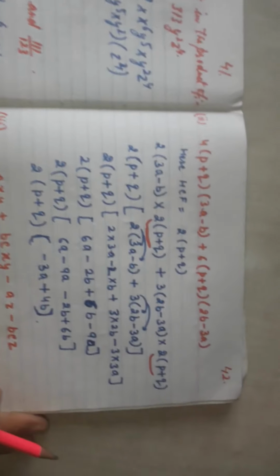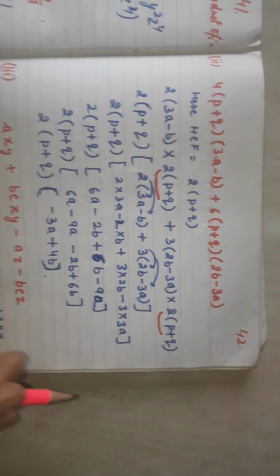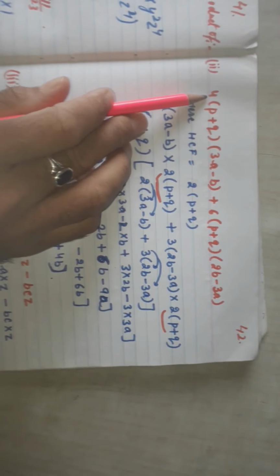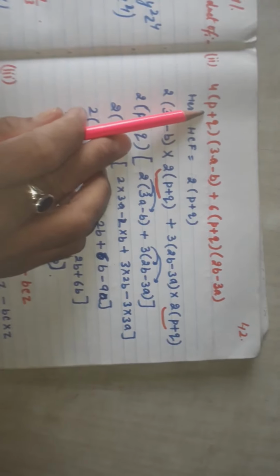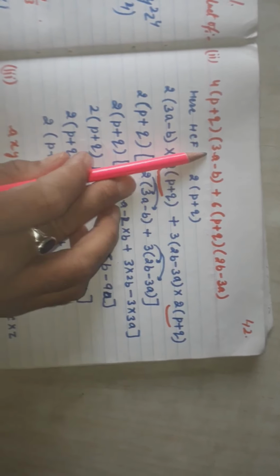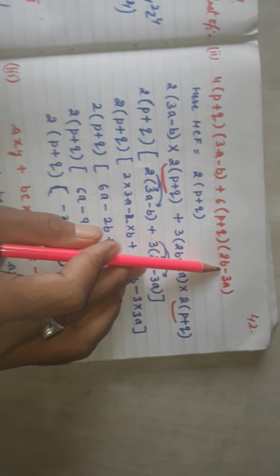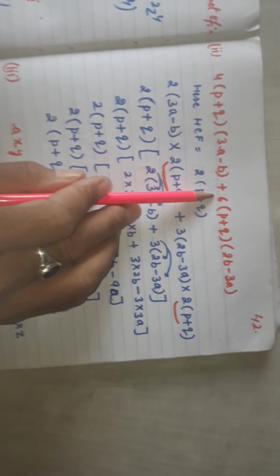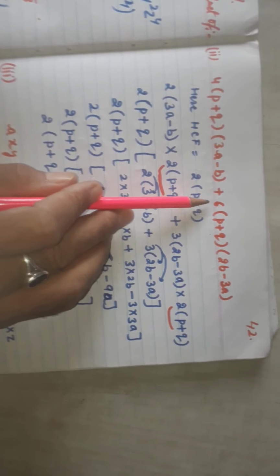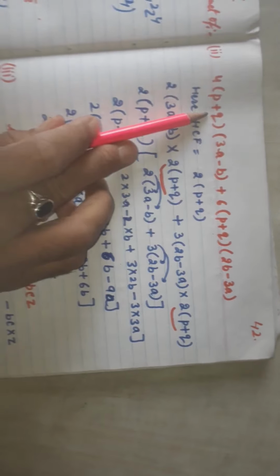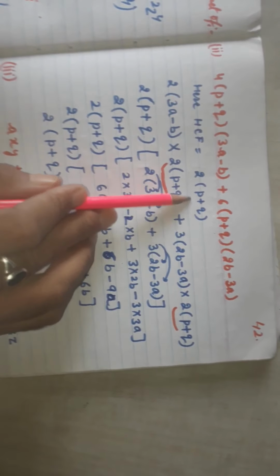Now this next part is also the same as it is. In this case there are given coefficients 4 and 6 and p plus q is the common factor and the other factor is different. So the HCF of the coefficients 4 and 6 is 2 and one factor is p plus q. So HCF is this one.